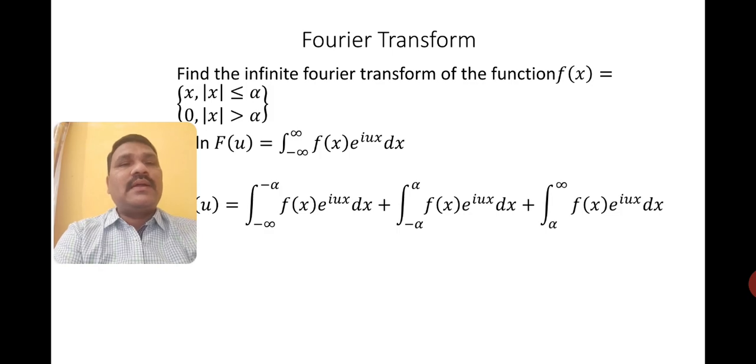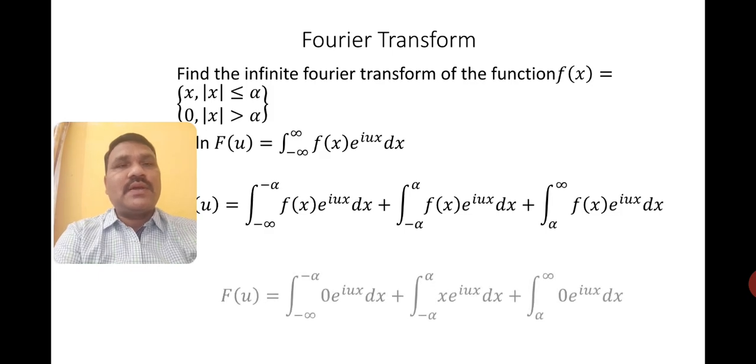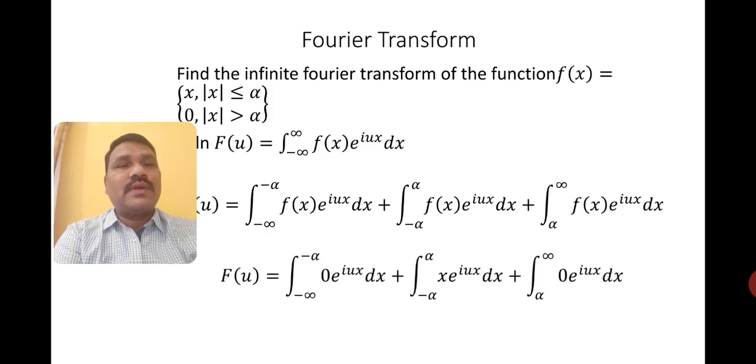I split the integral as minus infinity to minus alpha, minus alpha to plus alpha, and alpha to plus infinity. Here the first and last terms will become 0 because of the given situation, and only the middle one will contribute.